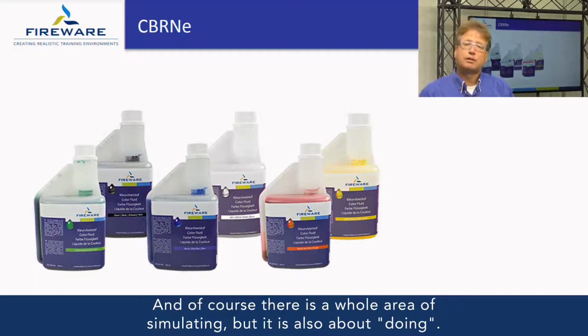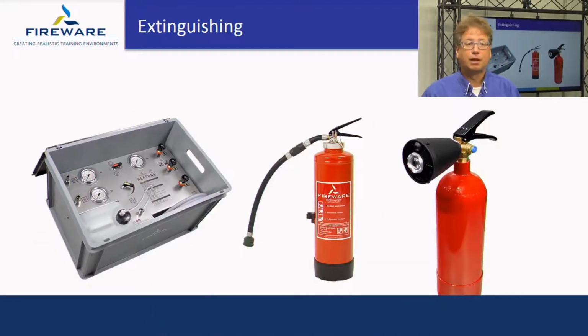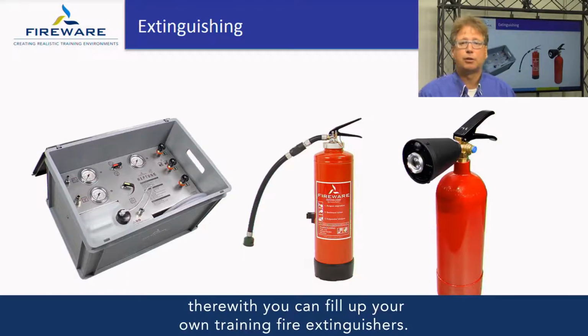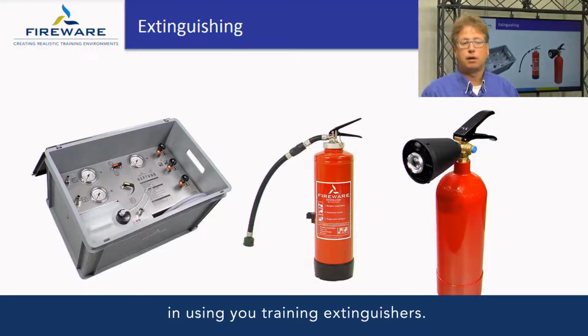And of course there is a whole area of simulating, but what you have to do, and that has to do with extinguishing. We have filling stations so that you can fill up your own training fire extinguishers. So it's very, very cheap and saves you a lot of logistics costs in using your training extinguishers.